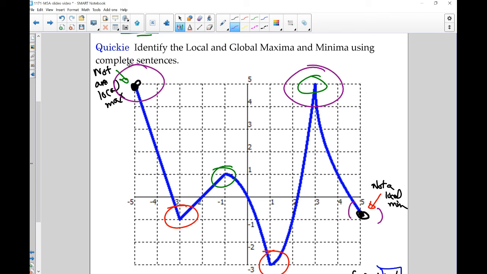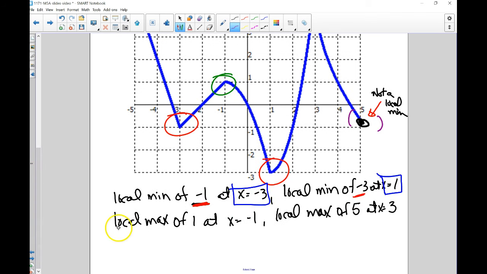Those two in purple are going to be my absolute maxes, or global maxes. Largest y values. So I would say global max of 5 at x is equal to -5 and 3.